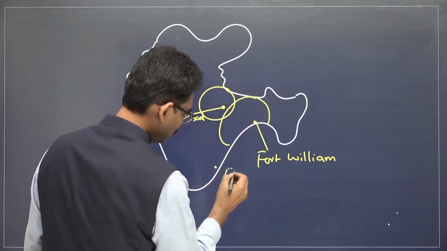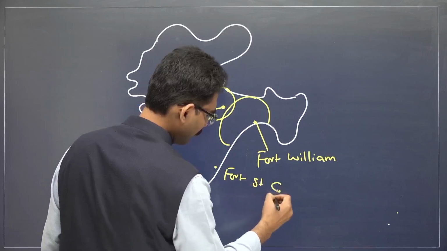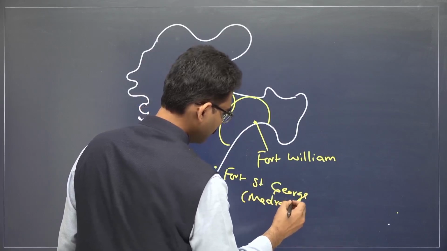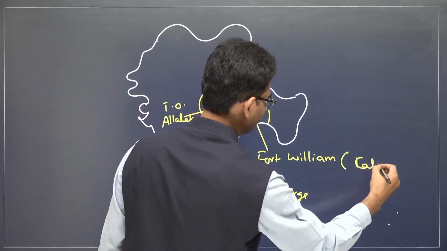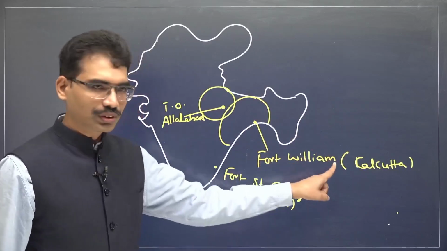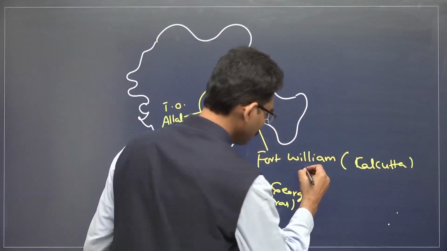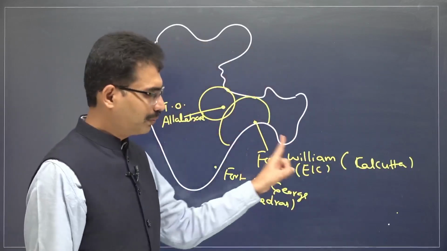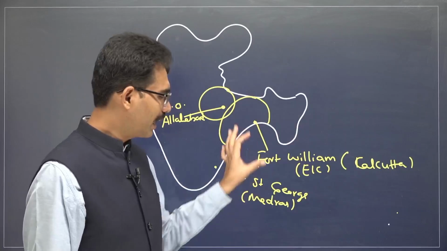Fort St. George. This is Madras. These names are also important for the prelims. Calcutta. This is the fort from which the East India Company is operating. Their settlements, their goods, everything they handle from this.